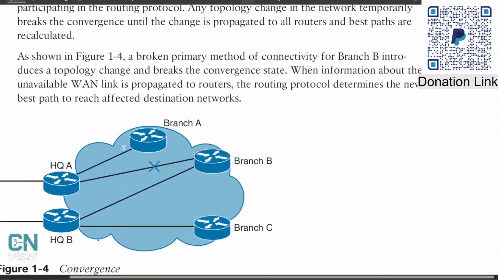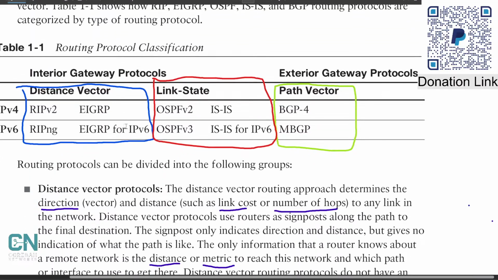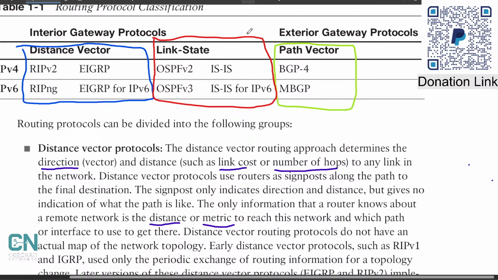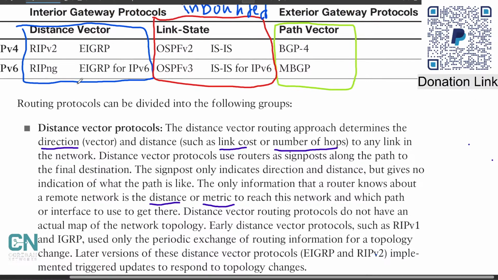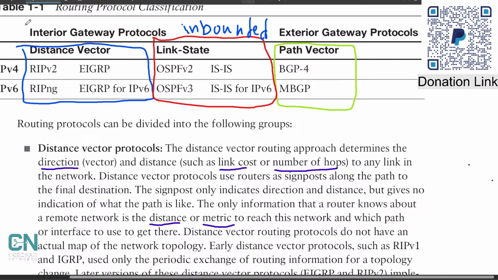So let's review what is link state and distance vector and path vector. OSPF version 2 and 3, IS-IS for IP version 4 and IP version 6 only accept summarization at area boundaries. But distance vector protocols like RIP version 2 and RIPng, EIGRP and EIGRP for IP version 6 accept outbound summarization.